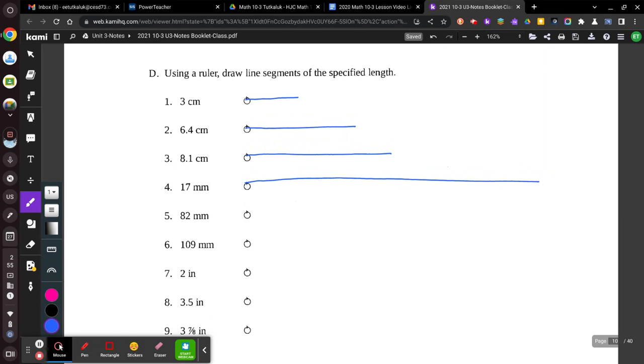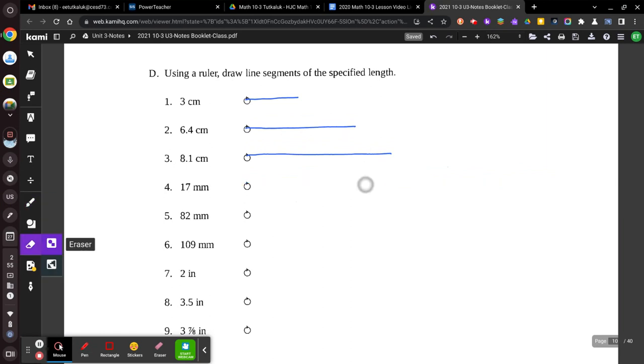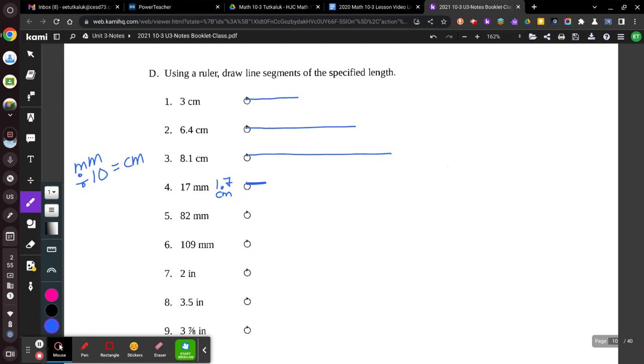This is millimeters. Oh, my bad. Okay, 17 millimeters. This is actually 1.7 centimeters. This guy's going to be tiny. So if it's millimeters, you got to go millimeters divide 10 equals centimeters, because you have to draw centimeters.